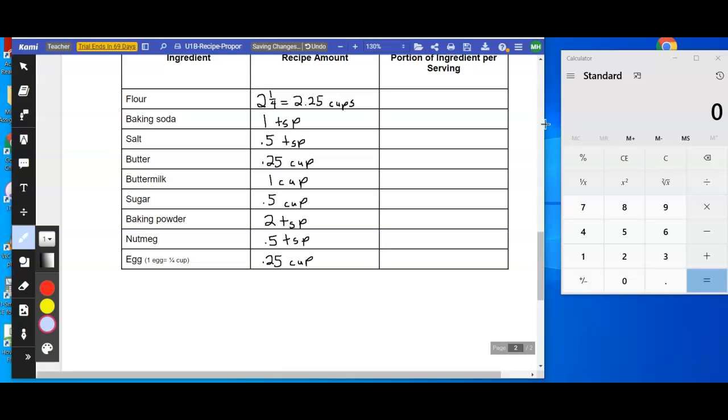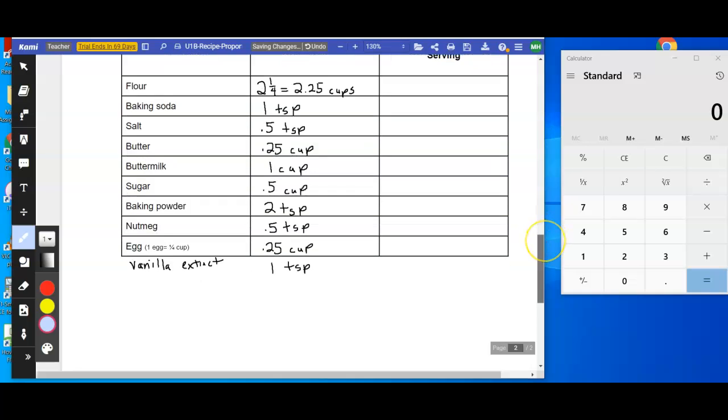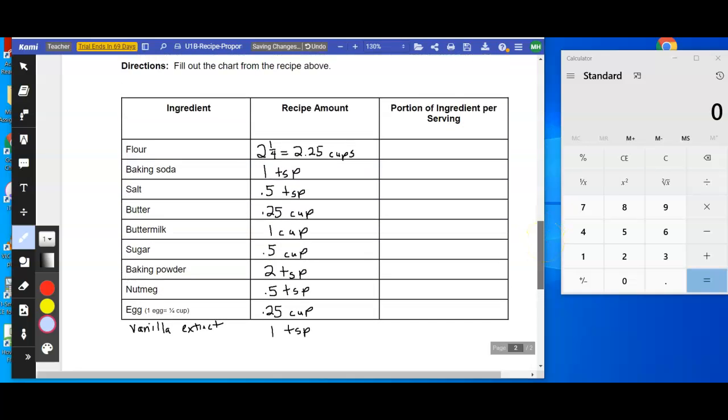Now, one thing that it was missing, and I think I added it to your worksheet, is vanilla extract. So right here, vanilla. I don't think you have to do that. I think it's already changed on your worksheet. Vanilla extract, and it was 1 teaspoon. Okay, so basically these are the ingredients that you would have on your spreadsheet.